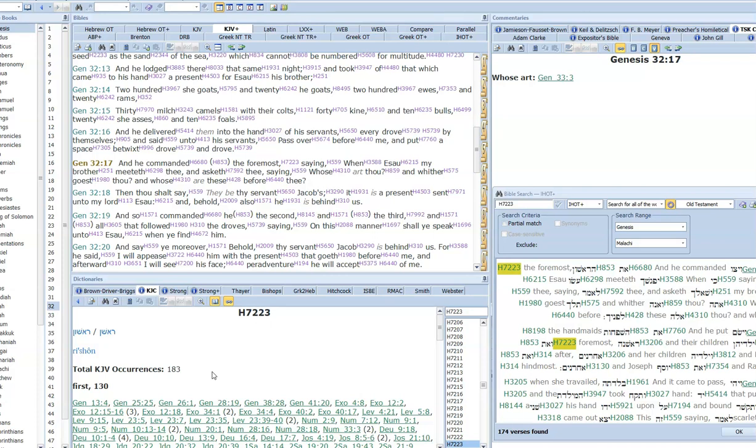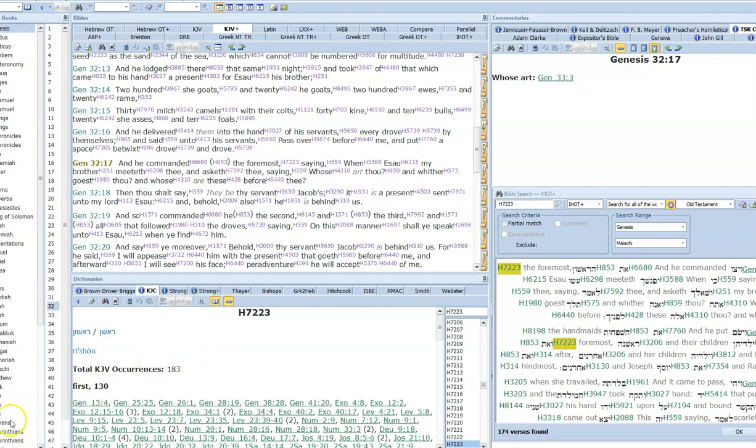It's possible. But the last thing we're going to do is we're going to look at the occurrences of Reshit and Bereshit. We're going to do a search on Reshit and see if that bears out that it looks like first chronologically as opposed to preeminent, as in qualitatively.